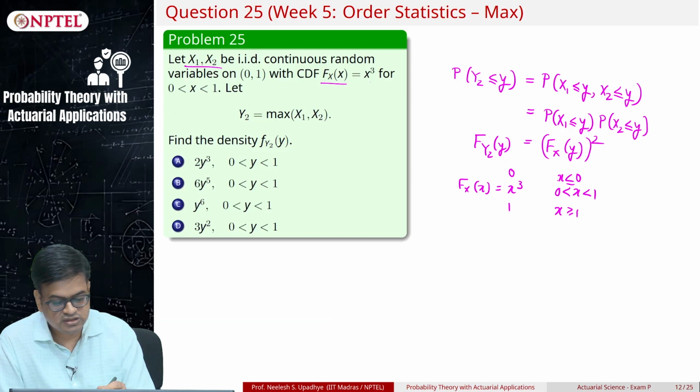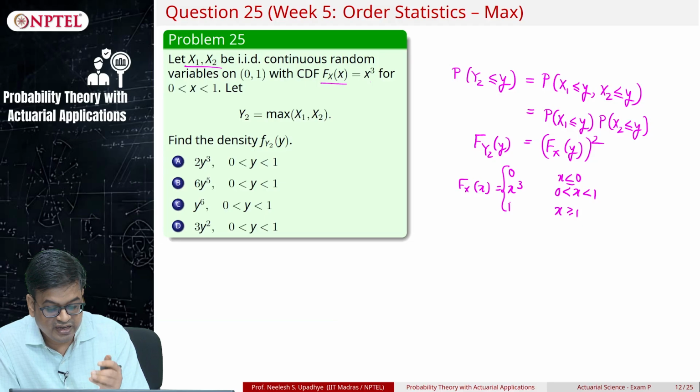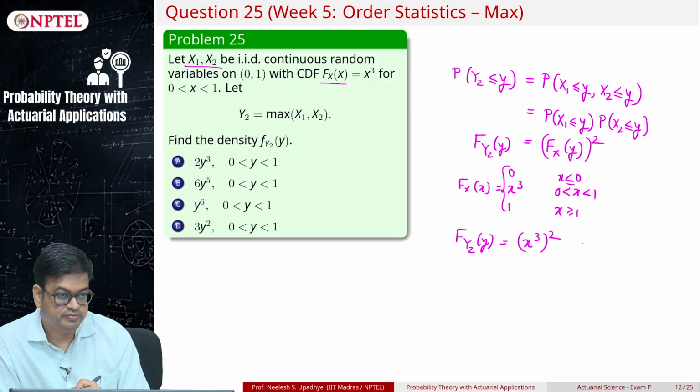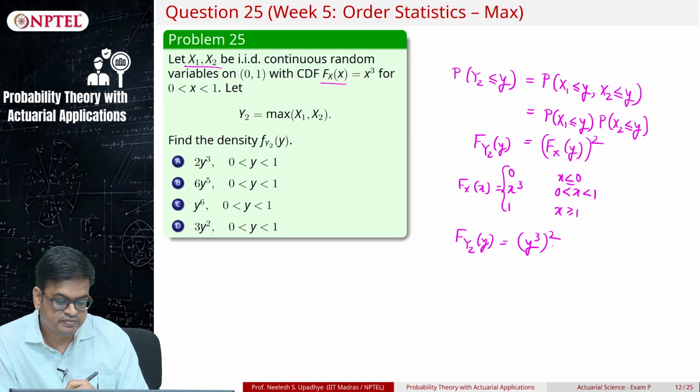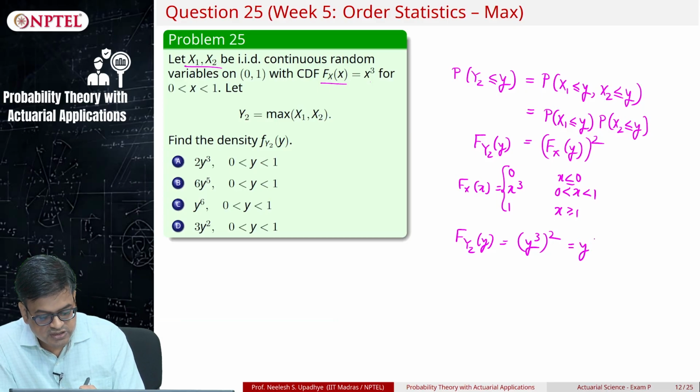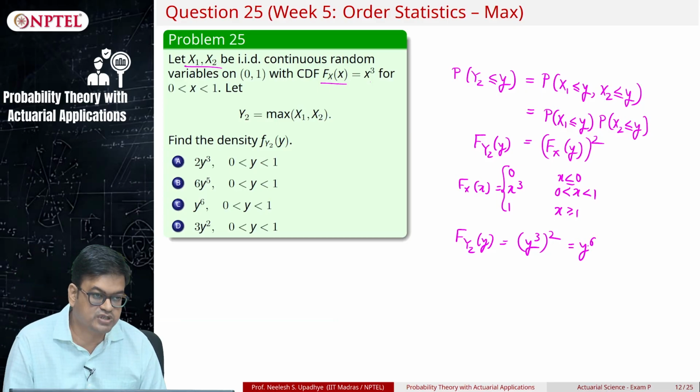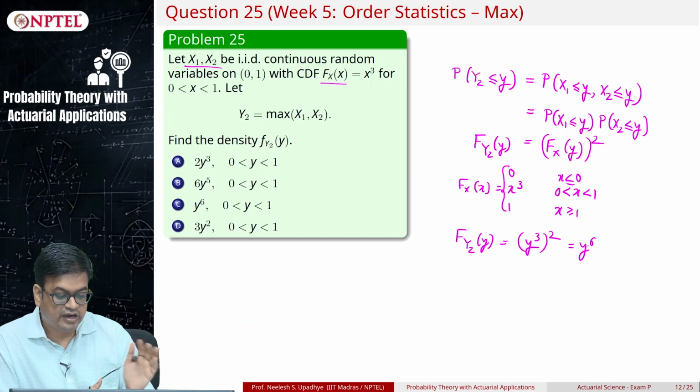So what will be F_Y2(y)? F_Y2(y) will be x cube squared, but x is not there, so it is y, so it will be y cube squared, which essentially means this is going to be y raised to 6.